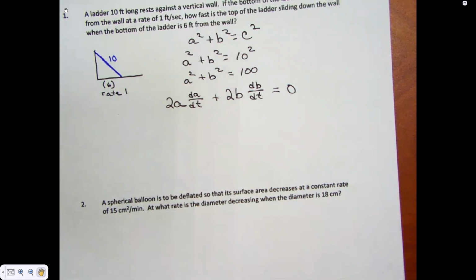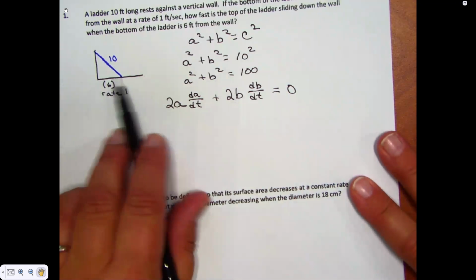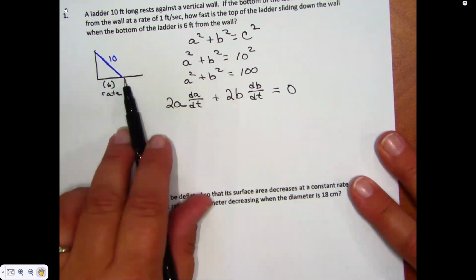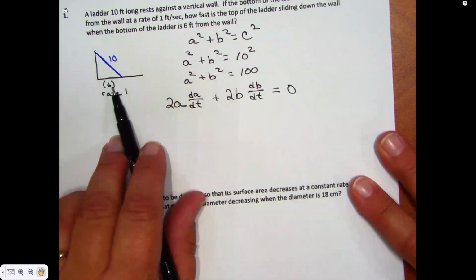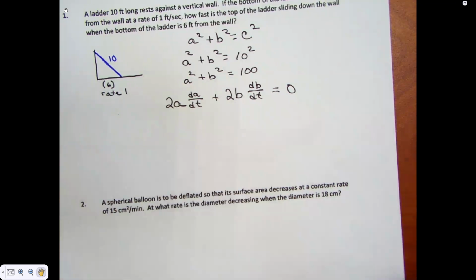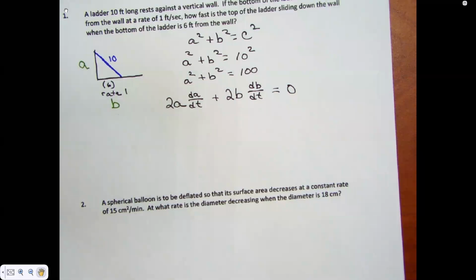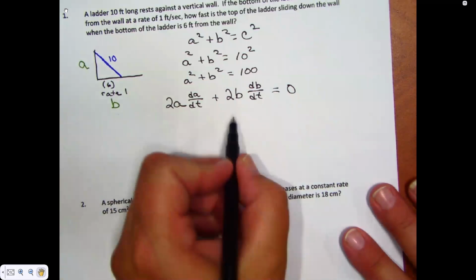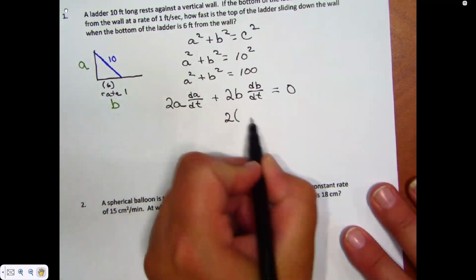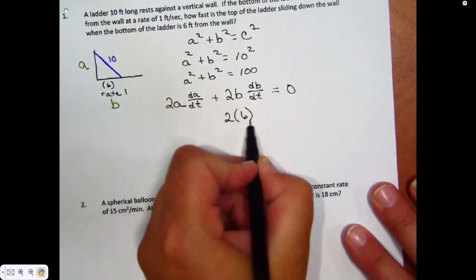All right, let's see, what do we know? We know the moment in time, this guy is 6. What do we want to call that? We'll call this A and this B. All right, so we know that we got the 2, B is 6, and actually we know its rate.